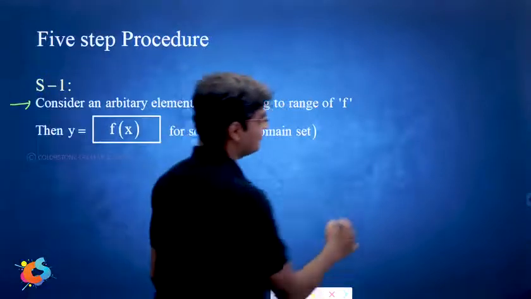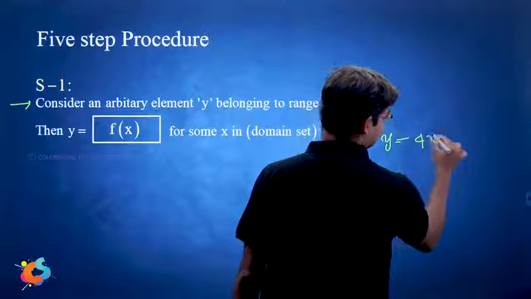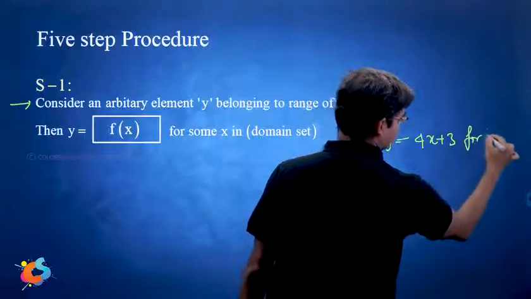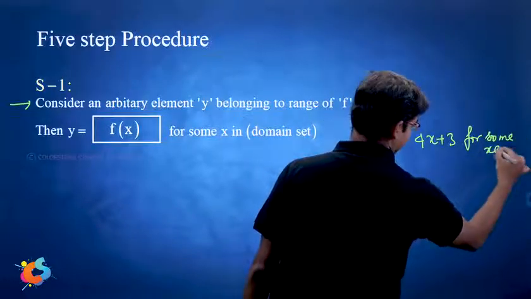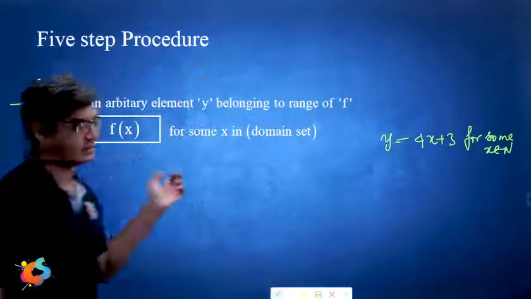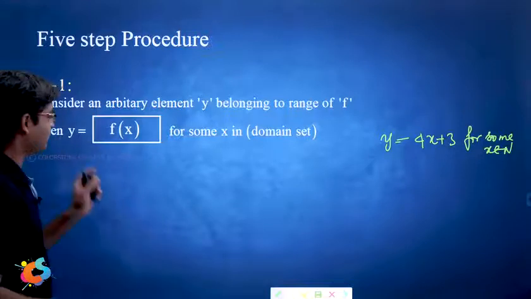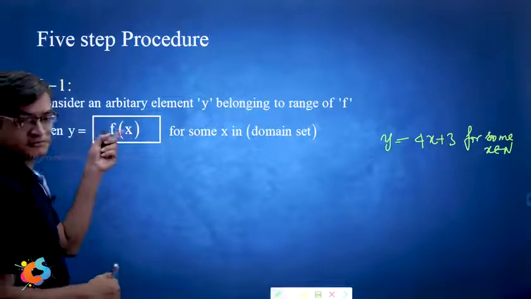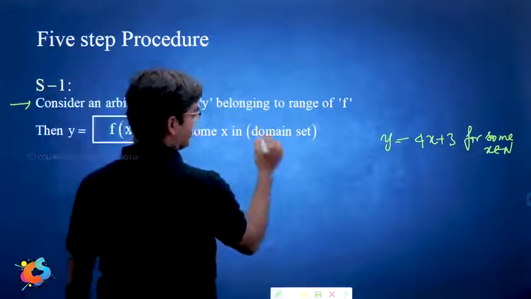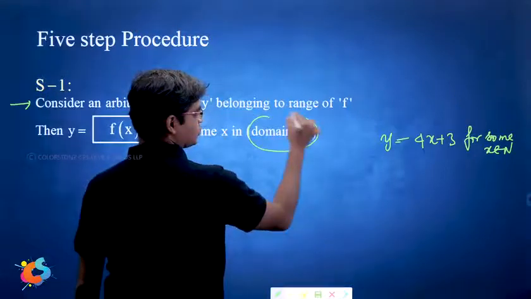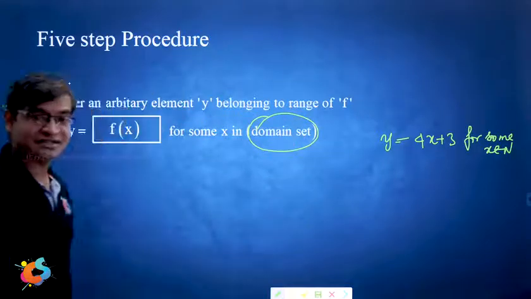Before, if you remember, we wrote y is equal to 4x plus 3 for some x belonging to N. So the same thing here. This box will change with the question, but everything else will remain the same. So y is equal to this function f of x for some x in the domain. This domain set will also change. Here it was the natural number set.